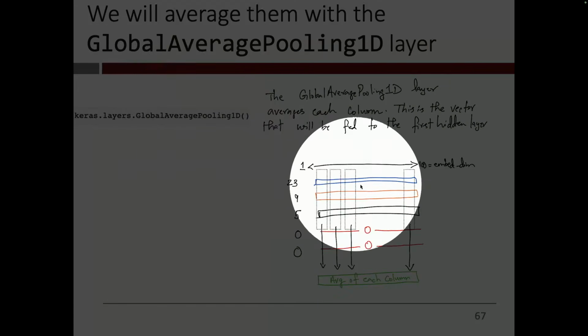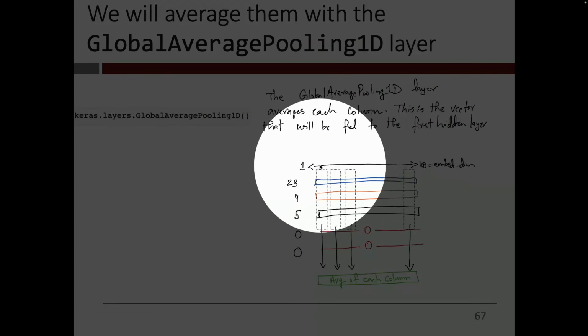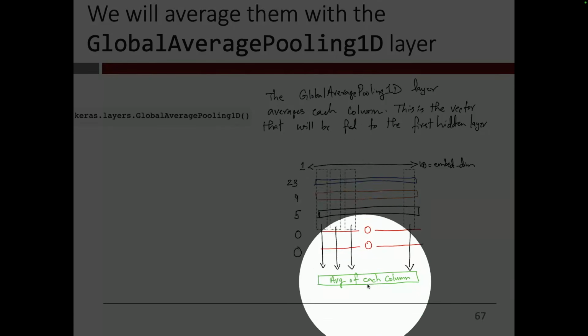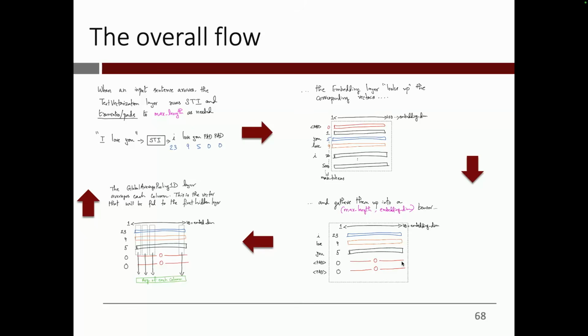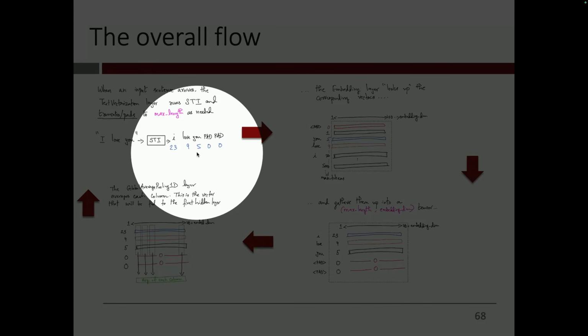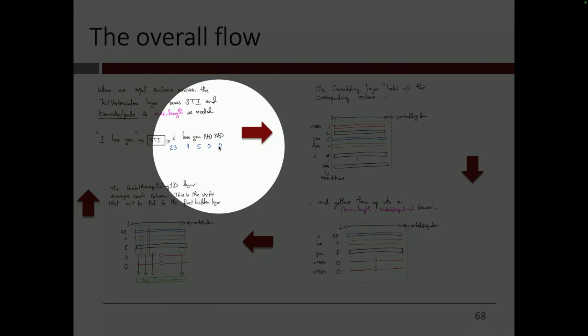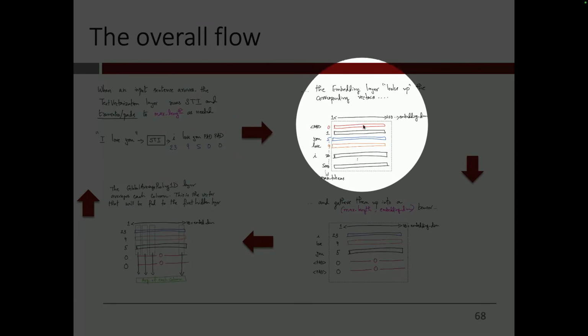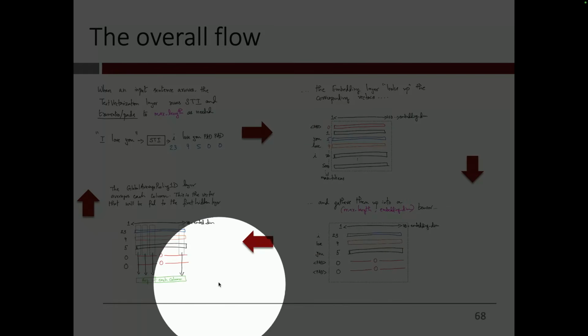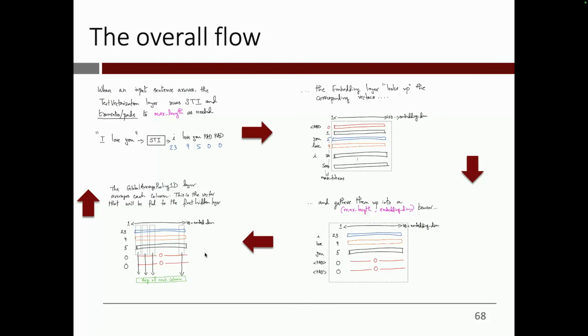All it does is take the table you give it and average each dimension: the first dimension average, second dimension average, and so on. Once that's done, that's the whole flow. The phrase comes in, STI gives you these things, padding or truncating as needed. We look up the embeddings from the embedding layer, do global pooling on it, and it's done. The resulting thing is a vector that can then be passed into hidden layers, just like we normally do.